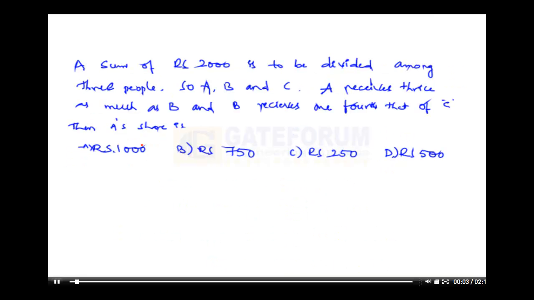A sum of rupees 2000 is to be divided among 3 people, A, B and C. Here A receives thrice as much as B and B receives 1/4 that of C. Then we require the share of A. First of all, we'll take the share of C as x.